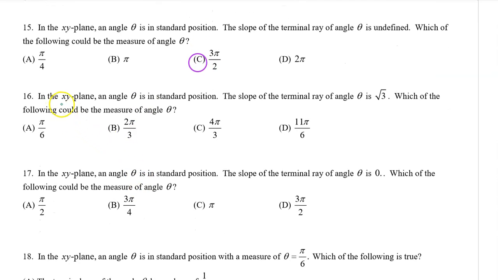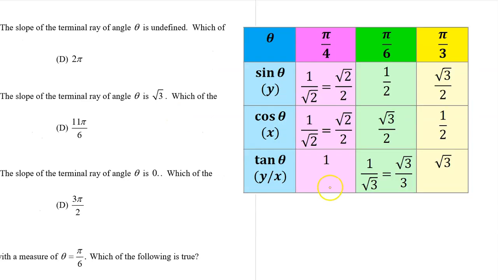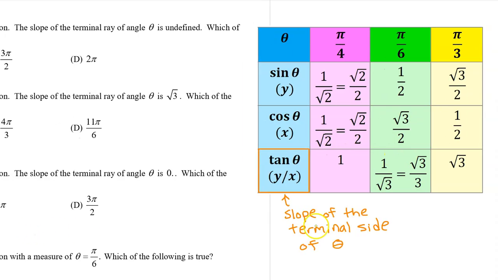Number 16. In the xy plane, an angle theta is in standard position. The slope of the terminal ray of angle theta is radical 3. Which of the following could be the measure of angle theta? If you have not yet memorized these 9 trig facts, pause the video and study the chart right now. We have learned that the tangent of theta is the slope of the terminal side of theta.